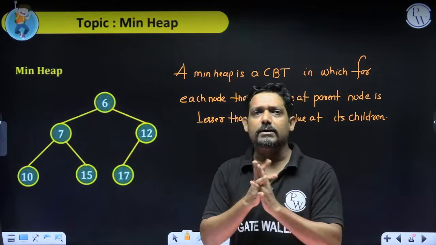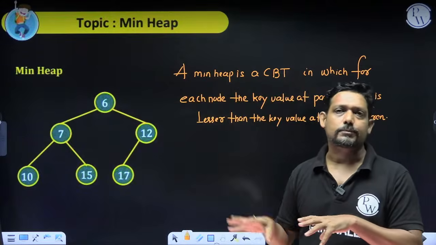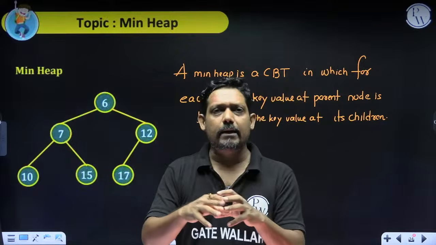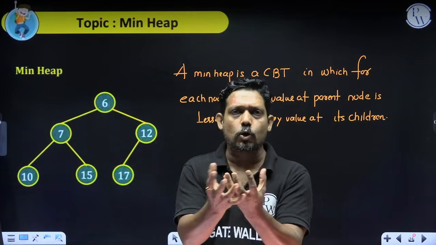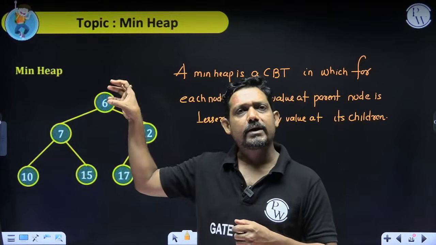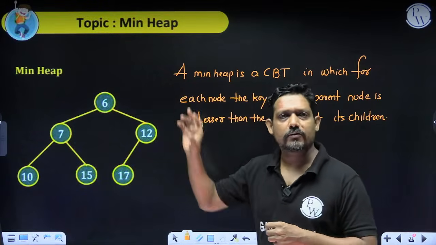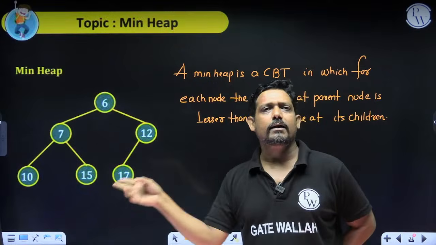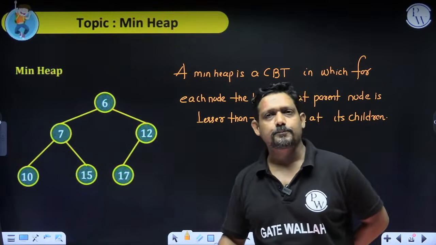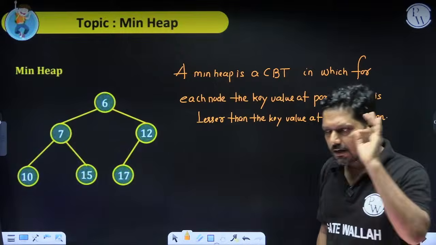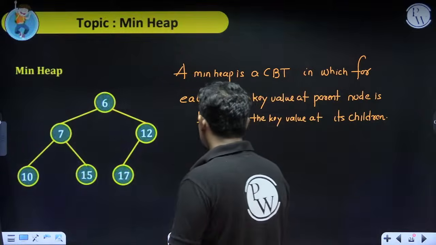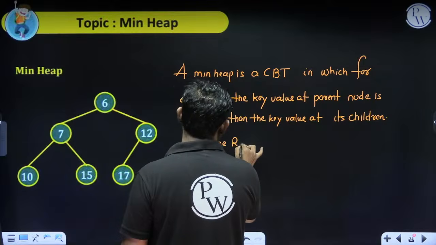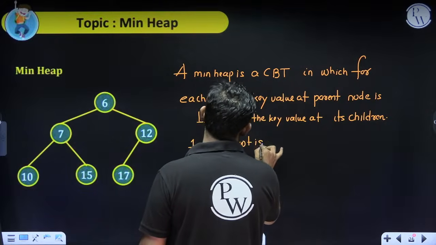So in the greedy method we use the heap data structure, and every time we have to select something in a group, I need to select the minimum, we select the root element. Then we do some magic, and again the minimum goes up. So what is a min heap? The first part is that the root is the minimum element.